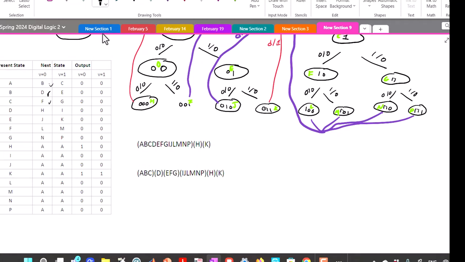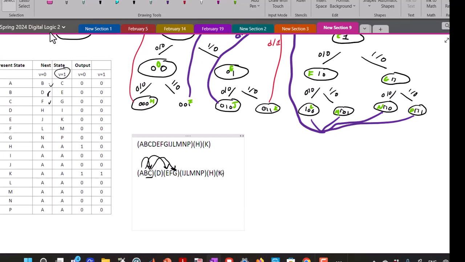I see that for the 1 successors, looking at this column, A goes to C, but B goes to E, so they're going to be separated, and C goes to G. So B and C will stay together because they both go to E, F, G, but A will be separated. D is already a singleton.